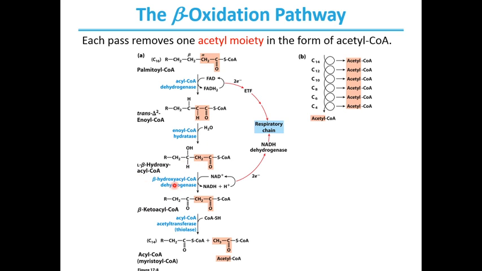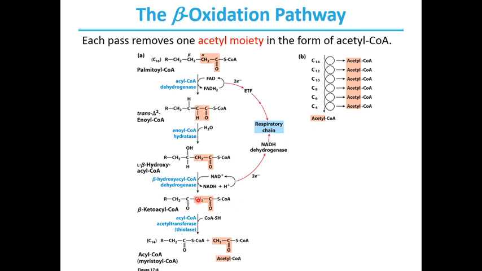Once L-beta hydroxyacyl-CoA is formed, it's acted upon by an enzyme called beta hydroxyacyl-CoA dehydrogenase. This oxidizes L-beta hydroxyacyl-CoA to beta ketoacyl-CoA, and at the same time reduces NAD plus to NADH. So after 3 reactions, you get 2 plus 2, 4 electrons from the 2 dehydrogenation reactions, and these 4 electrons combined enter the respiratory chain.